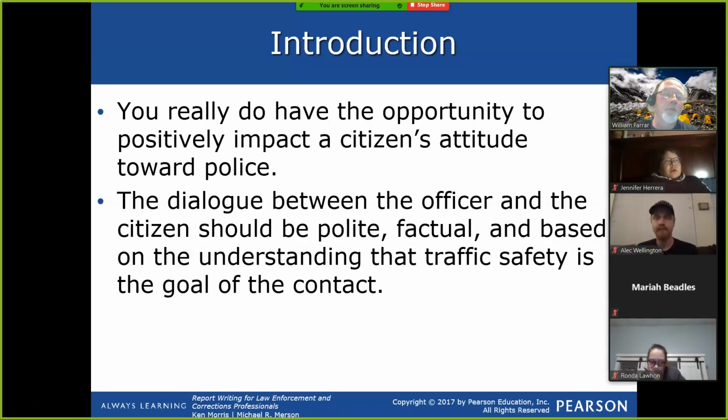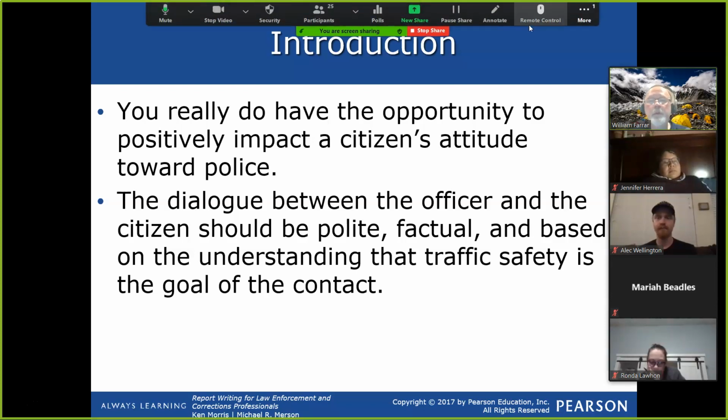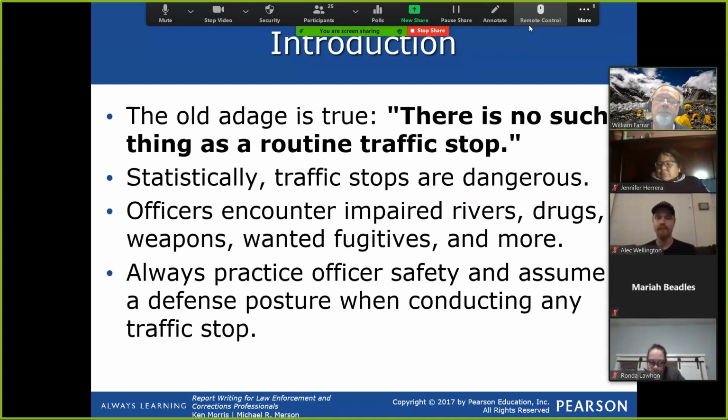Ma'am, do you know why I pulled you over tonight?" That's an okay way to do it, because then you get them to say, "Well, yeah, I was going a little bit fast." And then there's the conversation breaker right there. If you're a little bit more polite, a lot of times things are going to go at least a little bit better. Even if you do write them a citation, hopefully they'll understand why.